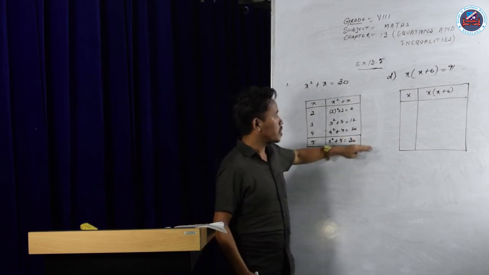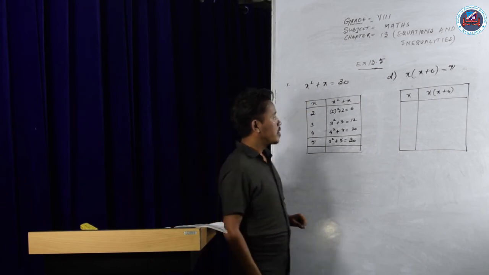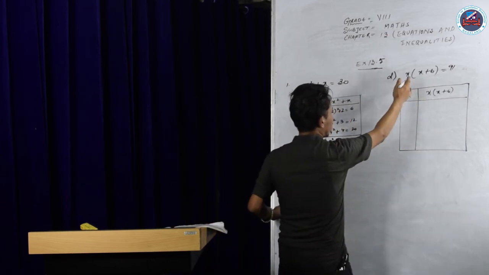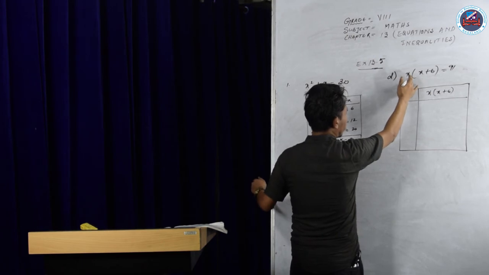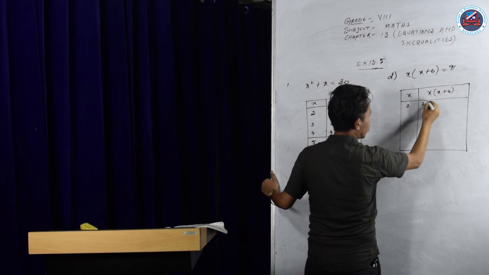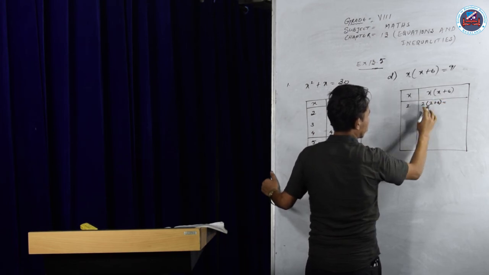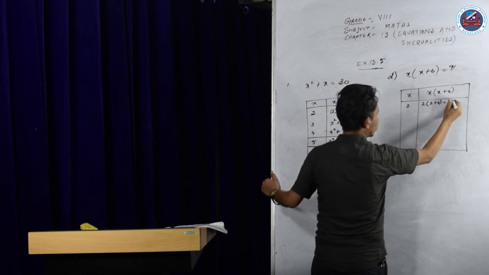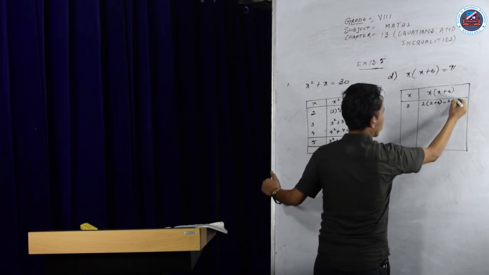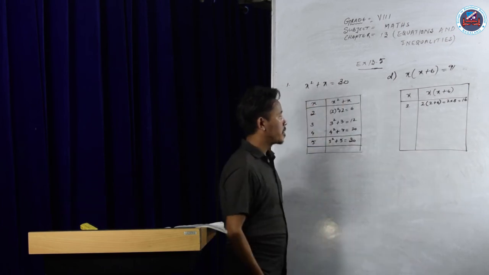Right. So the same way, let's move on to question number D. If I use the value of x as 2, what do we get here? 2 bracket 2 plus 6, that means 2 into 8 equals 16, right?